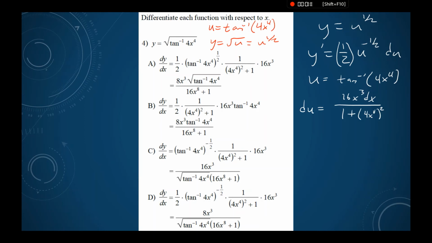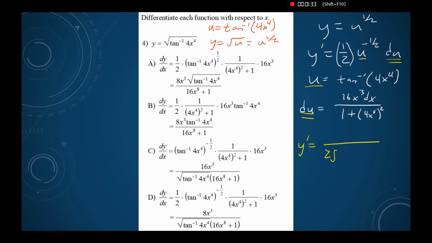Okay, so then we can substitute u for u, du for du, meaning y prime will now be equal to 1/2, so my 2 will be on the bottom. U to the negative 1/2 power means I can move that u to the bottom.